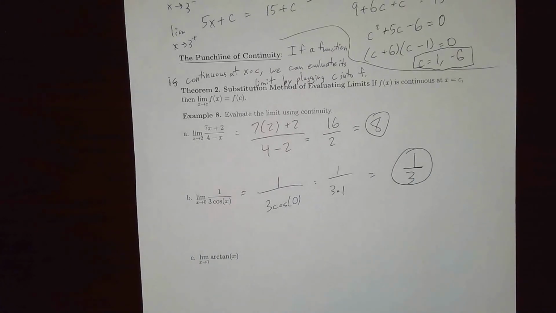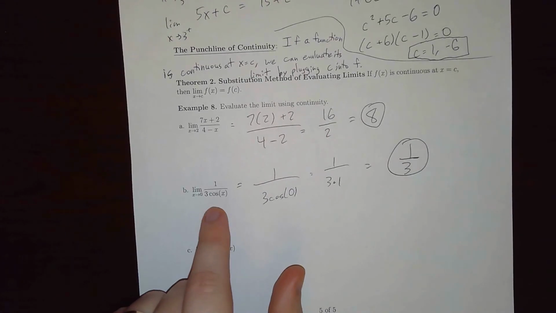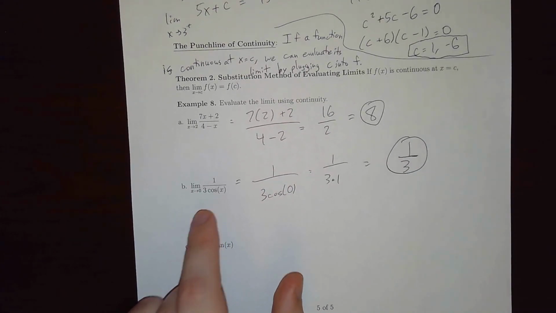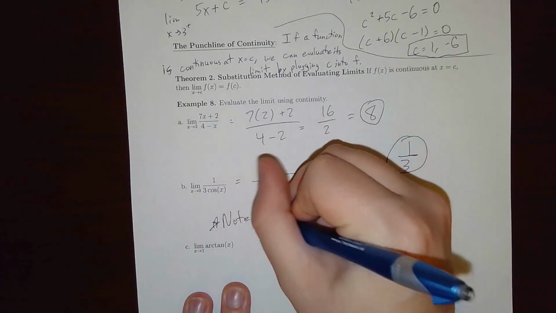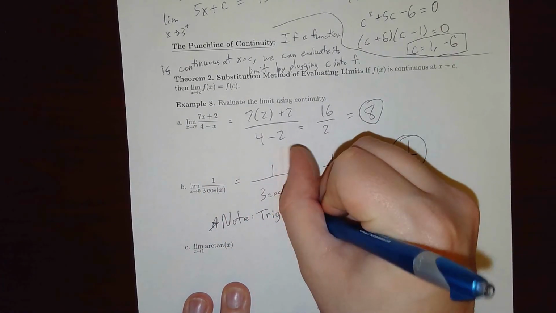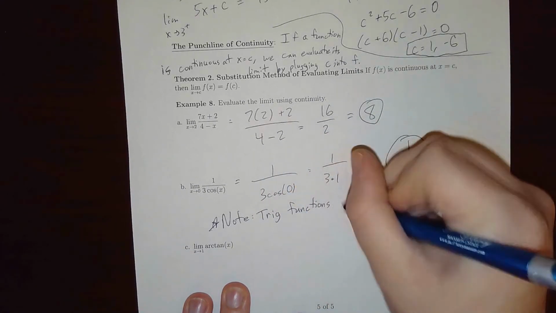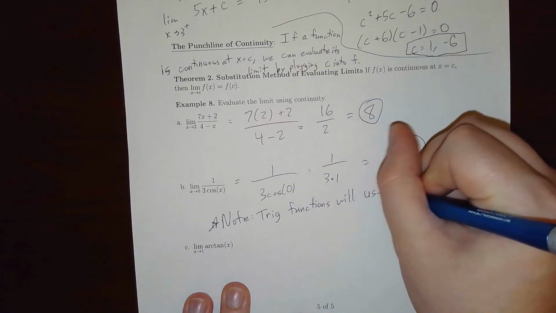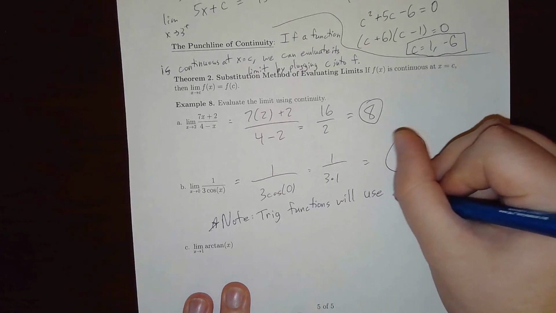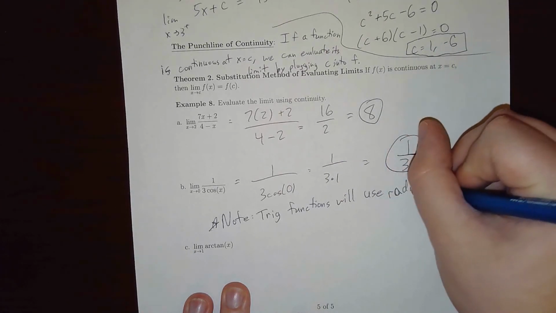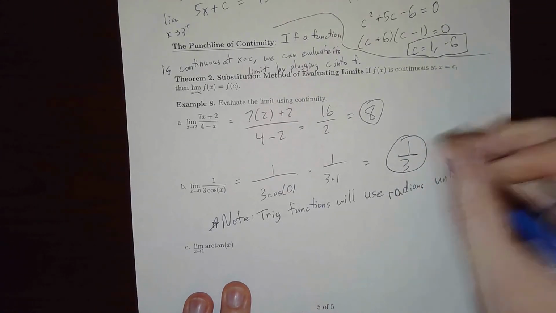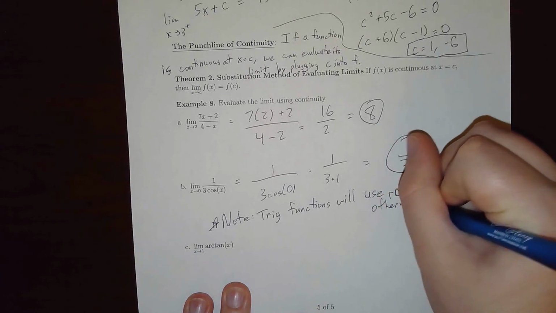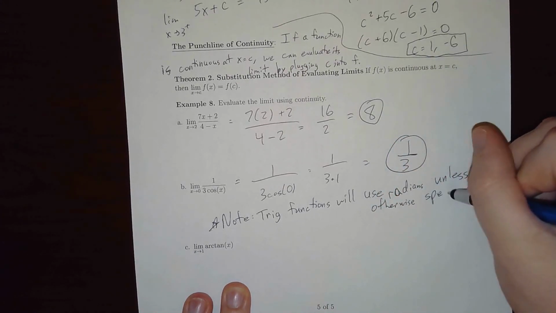Now, I want to be clear, when we're working with trig functions, unless otherwise specified, you're always using radians. Note, trig functions will use radians, not degrees, unless otherwise specified.